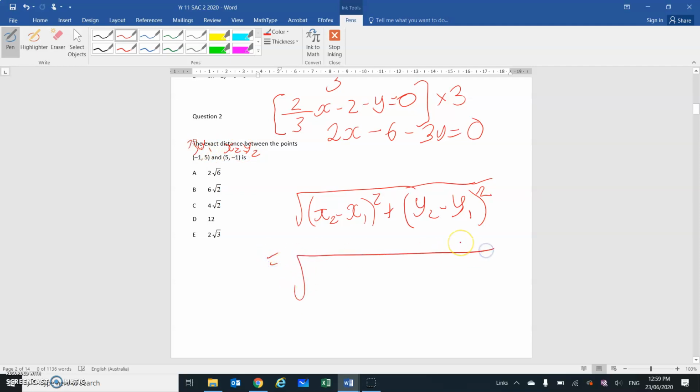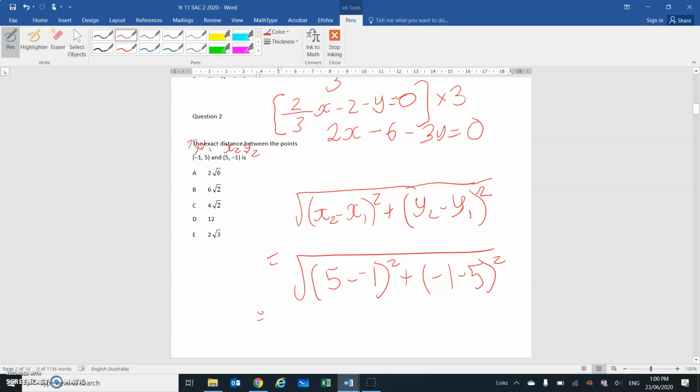Our x2 point is 5, our x1 point is -1, so just be careful of the negatives. That says 5 minus -1, all squared, plus y2 is -1 minus y1, which is 5, all squared.